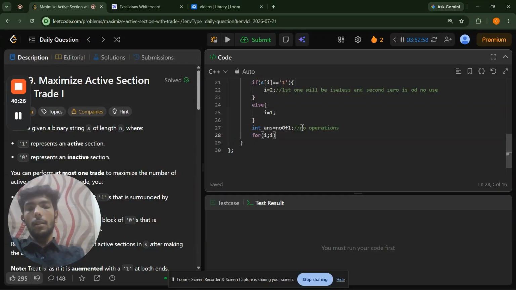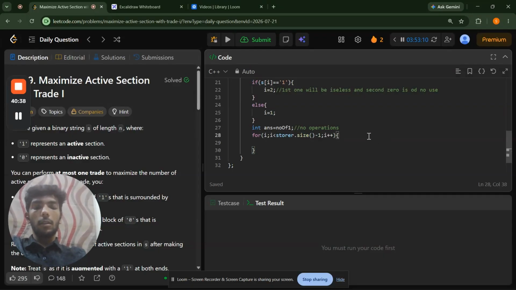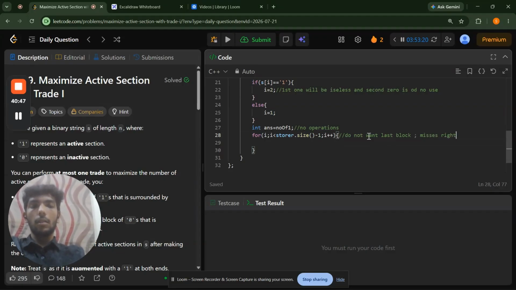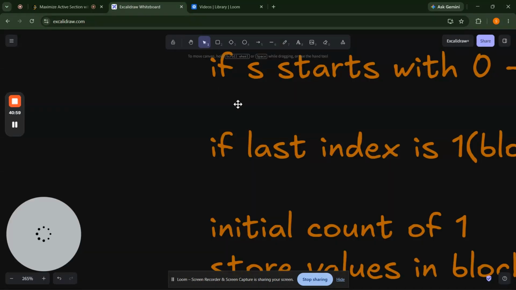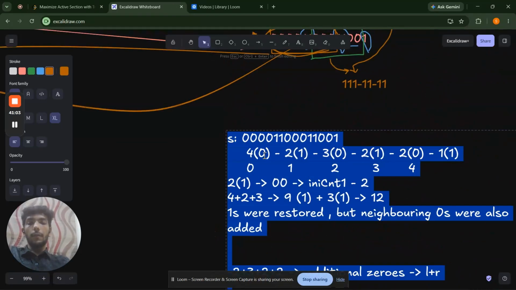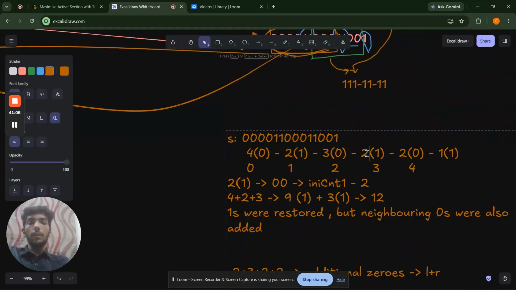For i less than store dot size, we do i plus equals 2, because after this block of 1 the next one should be at 2 indices after.